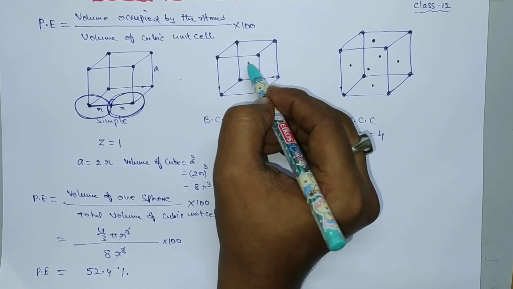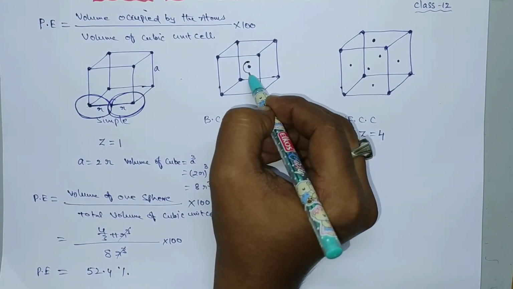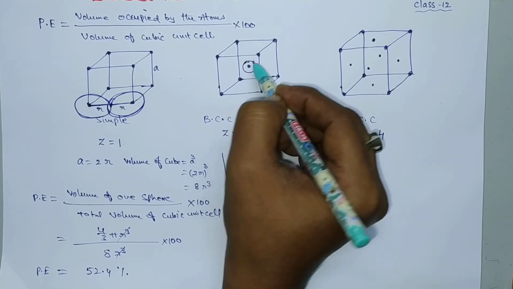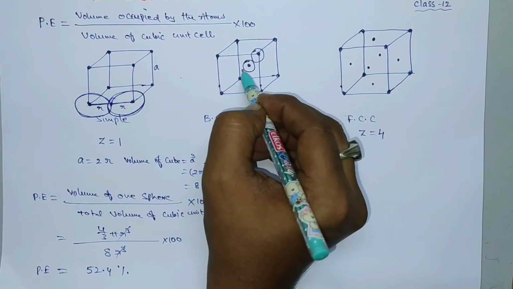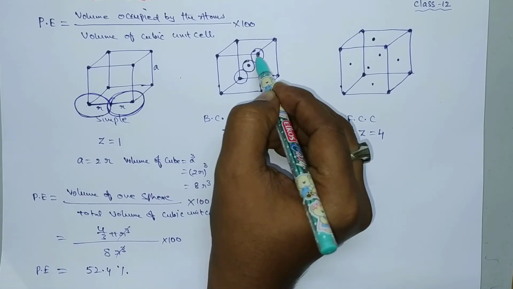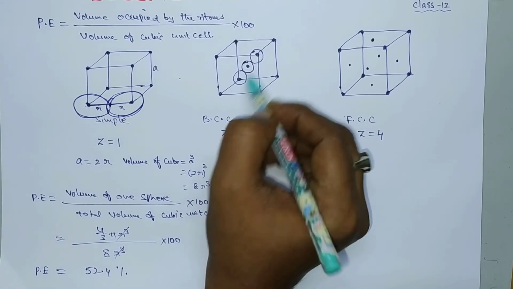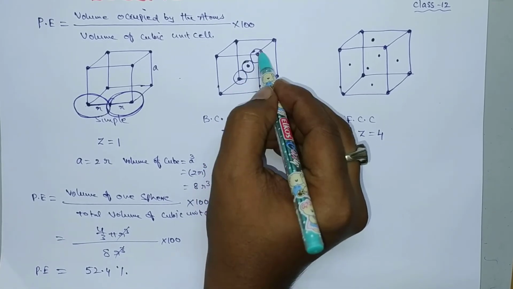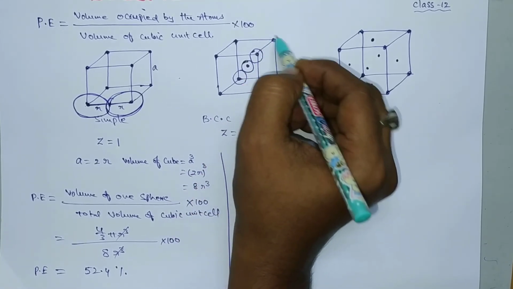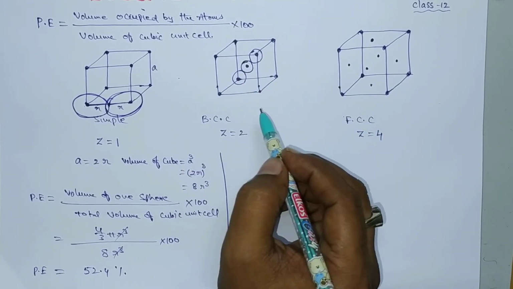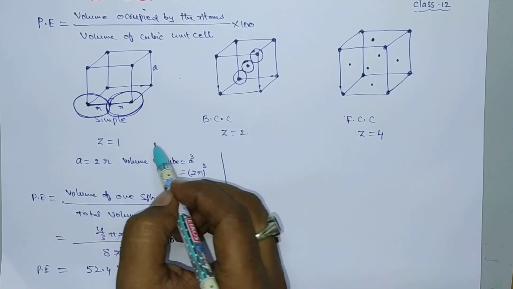So this is the body centered cubic structure: the atom at the body center, and here at the corner, these are the opposite corners. Along the opposite corners there exist three spheres. Let us consider these three only.